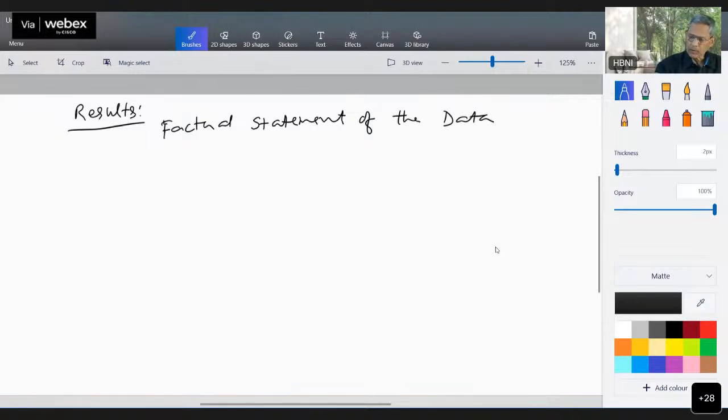That means how your data is showing its dependence, a statement of facts, how they are depending, how A is depending on B, all those things you have to do. Result. Then comes discussion.